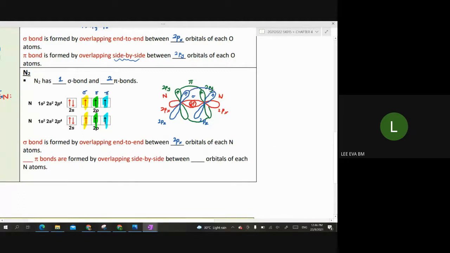Don't wait until everything is drawn, or you will label wrongly. For this blue one, up and down is complicated, so we label pi at an empty space, close to the side by side overlapping of the second pi. So in your sentence over here, two pi bonds are formed.